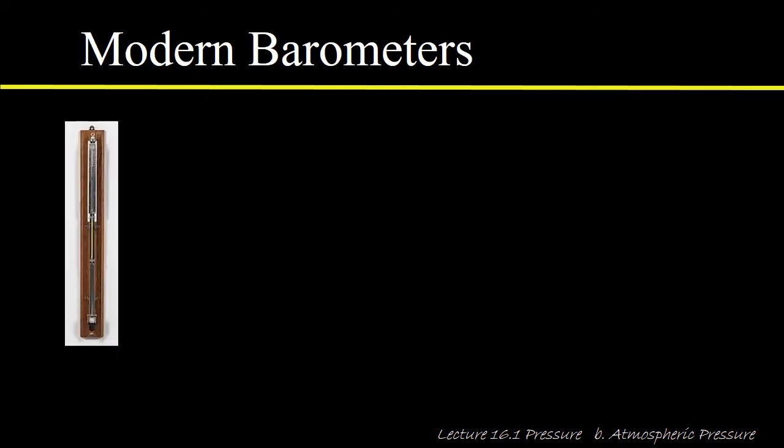All right. We don't usually use big tubs of mercury. We don't usually leave those lying around in the lab. So modern barometers look like this. Most labs will have one. It's a tall kind of wooden rack, and it's hard to see exactly what's going on in here. But this is the barometer.